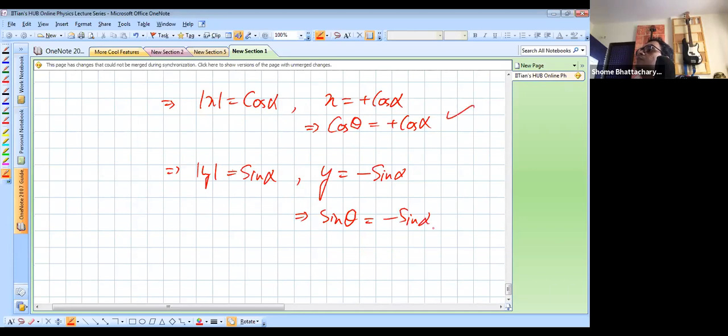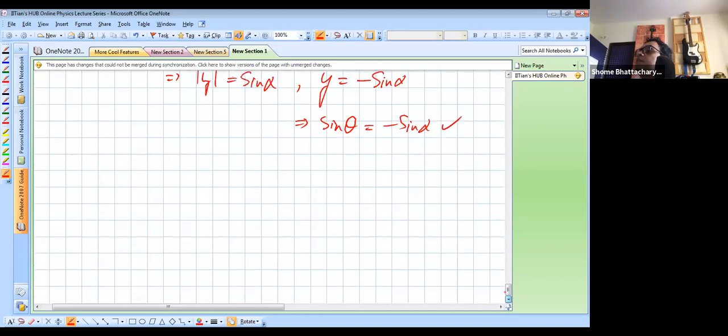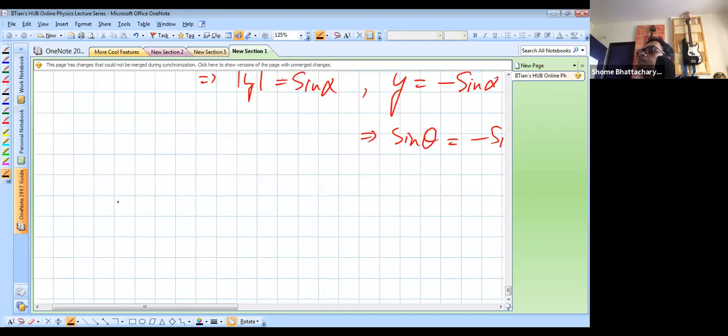So these two formulas are now giving us a method of calculating the value, and generalizing them, we will get that sine of theta is minus of sine of (360° minus theta). So that is what alpha was.